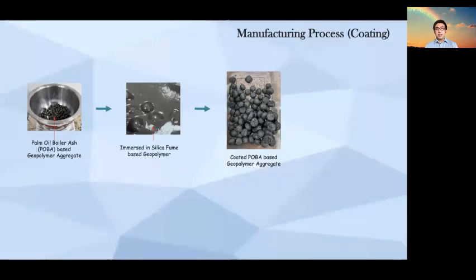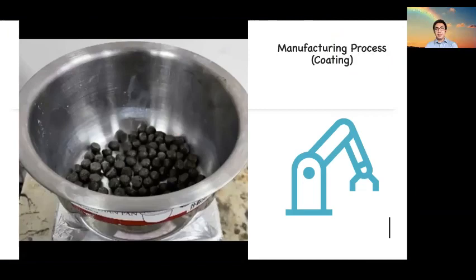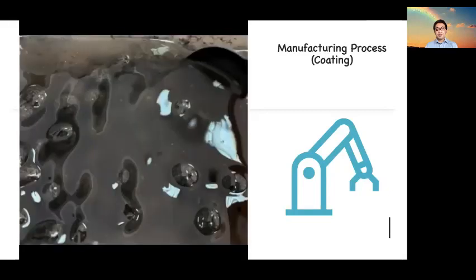Now, this is the second method of modification, which is the coating method. Let me show you the manufacturing process using the coating method. First, POBA-based geopolymer aggregate is placed in the container, and the epoxy resin fills the container to cover the aggregate.